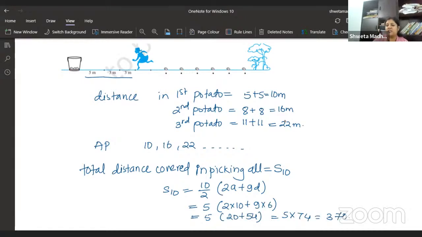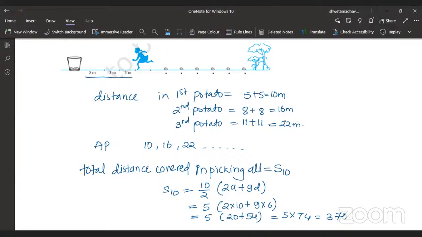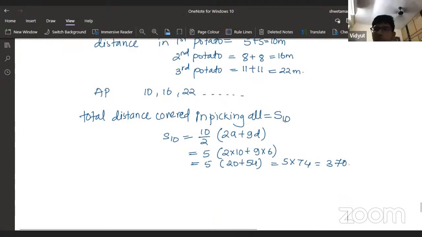Now, if one more question is asked here, how much distance does a competitor run to pick the sixth potato? Ma'am, 150 meters.